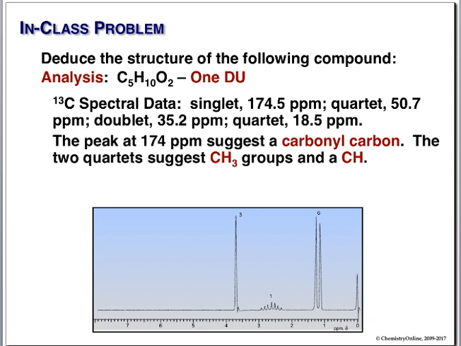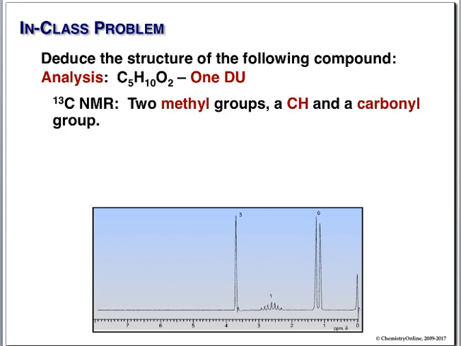Look at our proton NMR. We have how many peaks here? 1, 2, 3, 4, 5, 6, 7. And we have a doublet. Area 6, area 1. What does that scream at you?